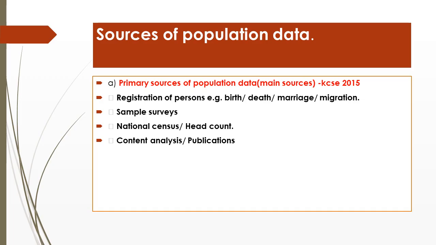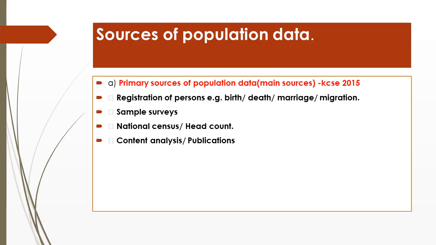Let us look at the sources of population data. Where do we extract the data that we get about population? One is we have primary sources and secondary sources of data, and under these sources we say that we have registrar of persons as one of the primary sources.